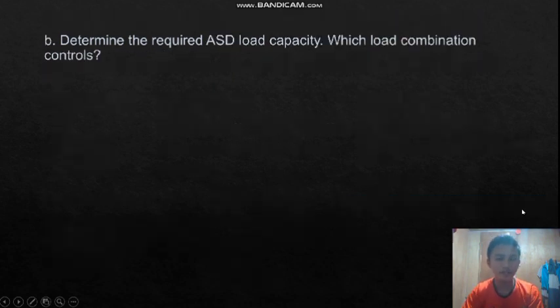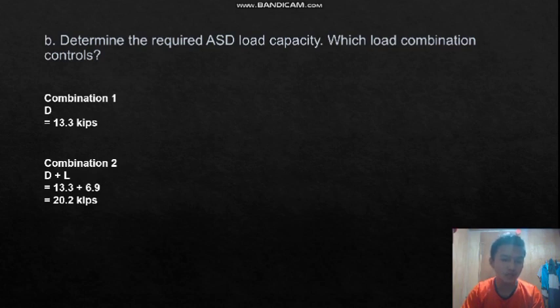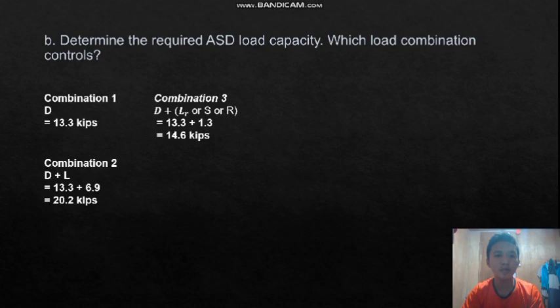Next is letter B, determine the required ASD load capacity and which load combination controls. Combination 1, D, which is equal to 13.3 kips. Combination 2, dead load plus live load, substitute, then equals 20.2 kips. Combination 3, D plus LR or S or R, substitute natin.